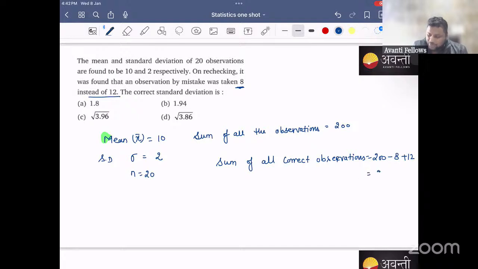It became 204. So what is the new mean? 204 divided by 20, that is 10.2. Correct.